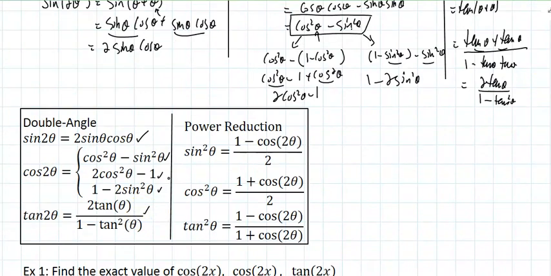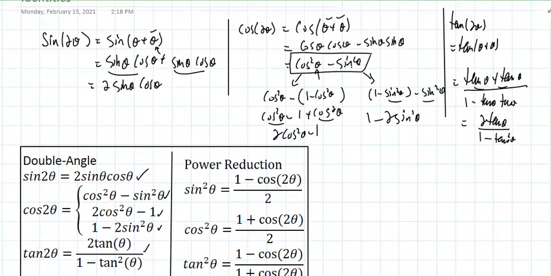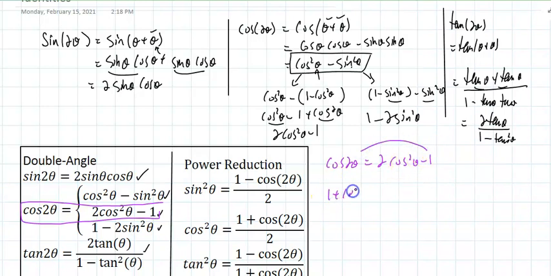Now comes the crucial part. Everything comes from cosine. If I take this identity, the cosine of 2 theta, which equals twice the cosine squared of theta minus 1, if I solve for cosine squared, I would add 1 to both sides.